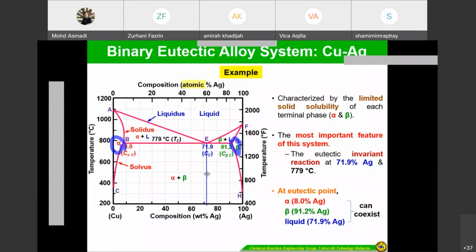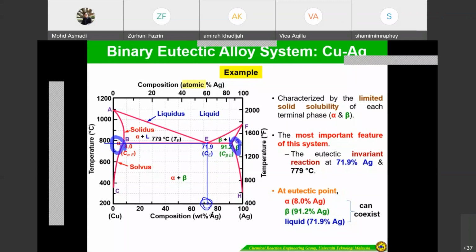This is what we call the real data for argentum and stannum. 71.9% argentum, because look here, this one is 70, this one is 71.9.